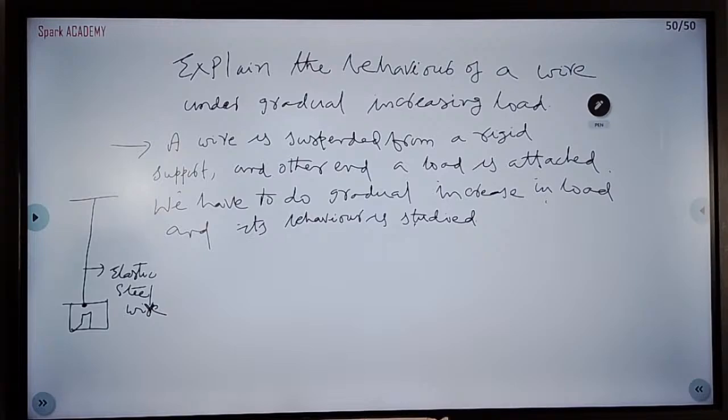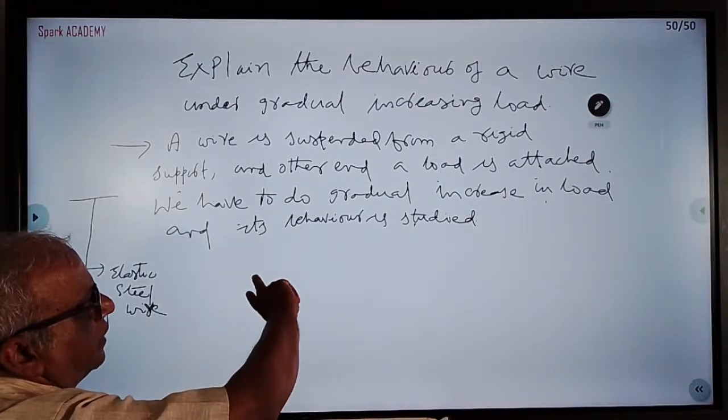You have to study this. This is a ductile material, a strong material like steel wire. I am showing the graph on the next page.